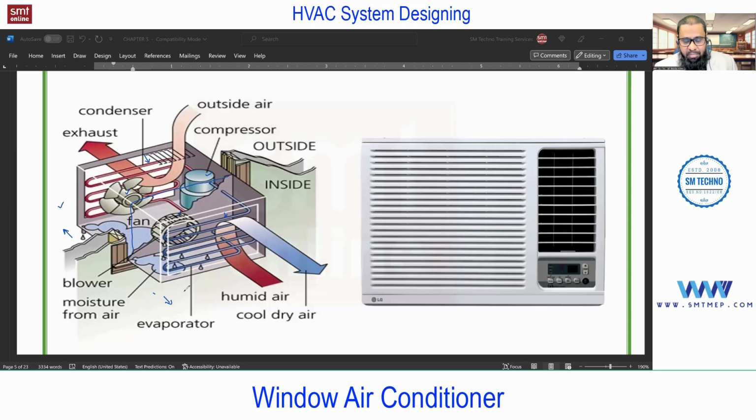After maintaining the required temperature, the compressor will turn off. It will work in a cycle, on and off. I'm not talking about the fan. The fan will run continuously. When you switch off, then only the unit will be off. Or else when you switch on, the fan will run continuously, but the compressor is going to work in a cycle as per the required temperature in the space.